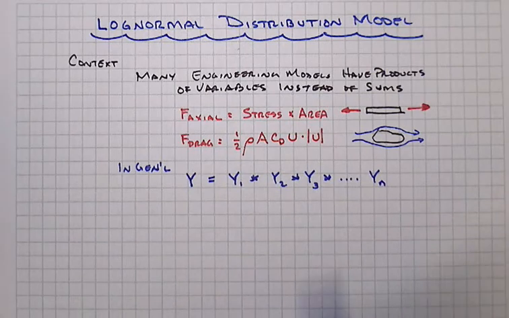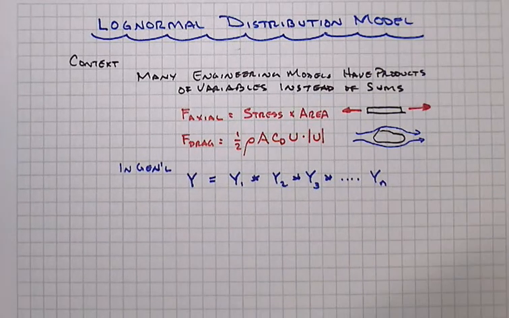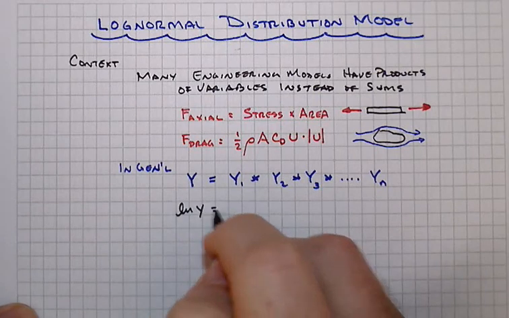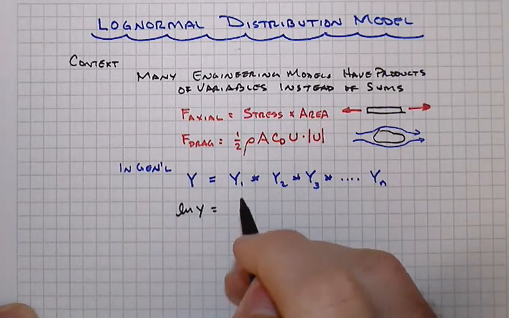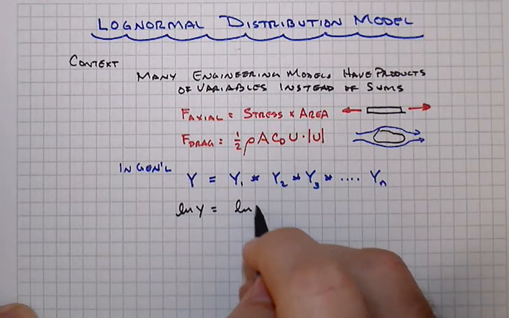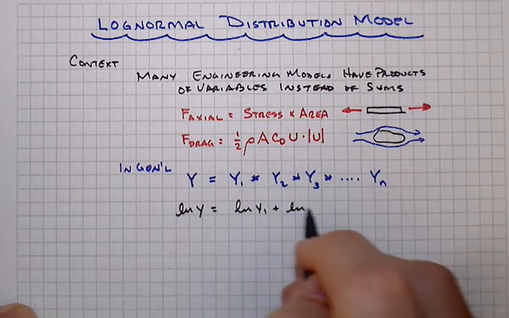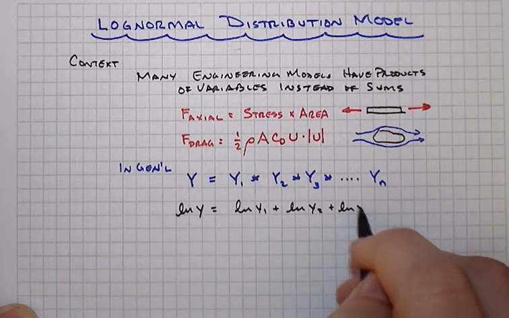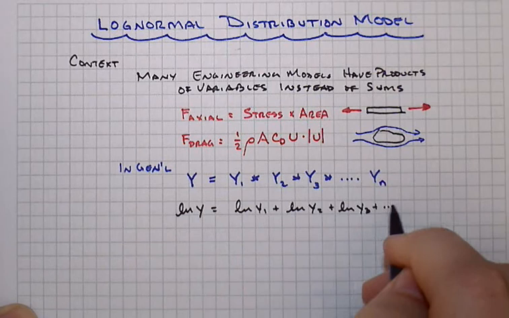Right? And so if we take then the natural log of each side, then we get then the sum of those natural logs. And already this starts to look like something that we're used to seeing in terms of central limit theorem application.